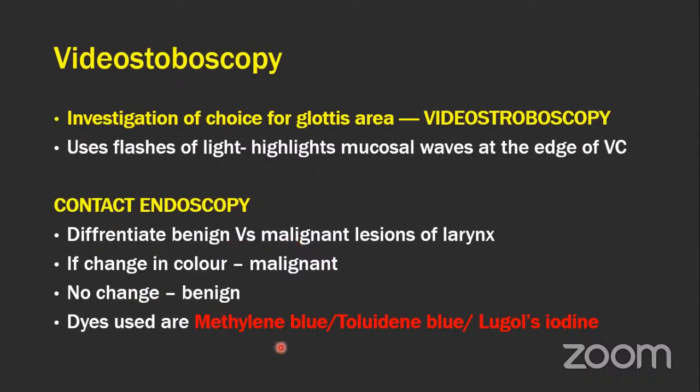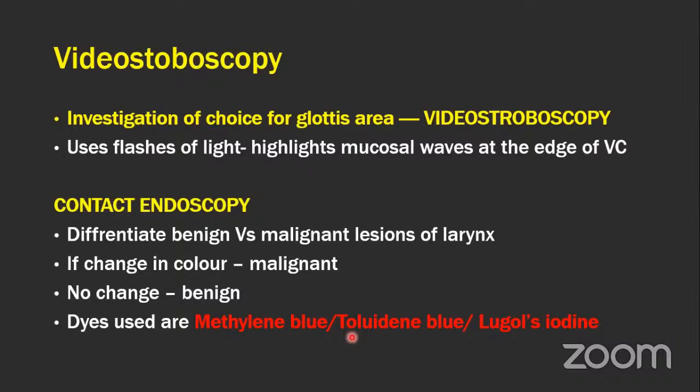We use dyes like methylene blue, toluene blue, or Lugol's iodine, and we stain the epithelium with these dyes, and we apply a modified laryngeal endoscope against the mucosa at a magnification of 60 into 150.